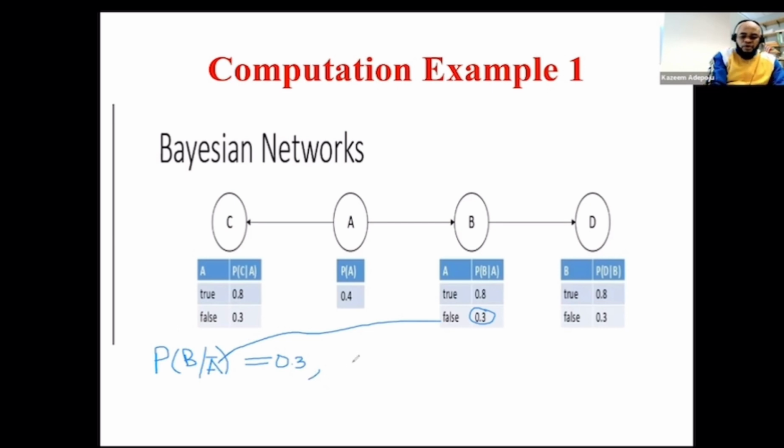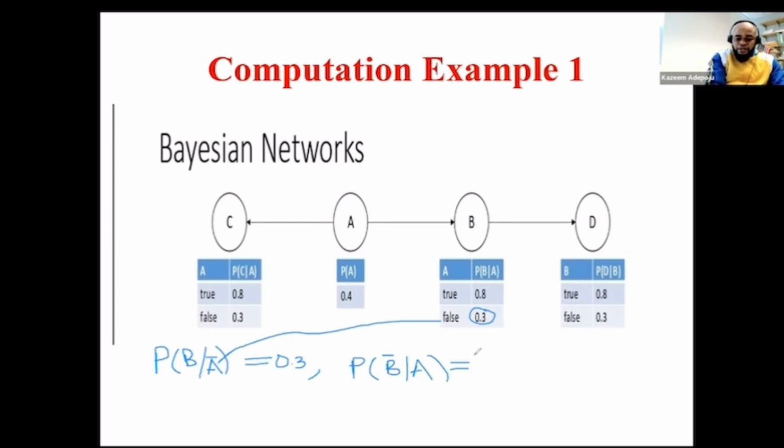If you want to find, what if I ask you to find the probability of B complement given A? The probability of B complement given A is not given here. Don't forget, the table is not centered on B complement.